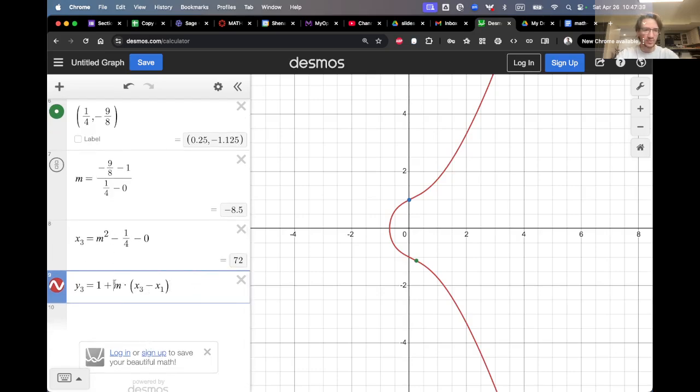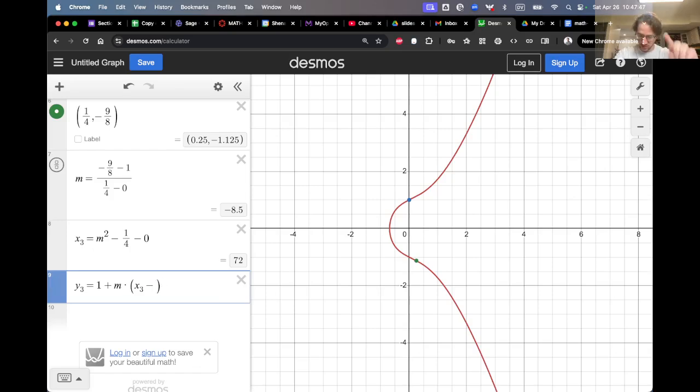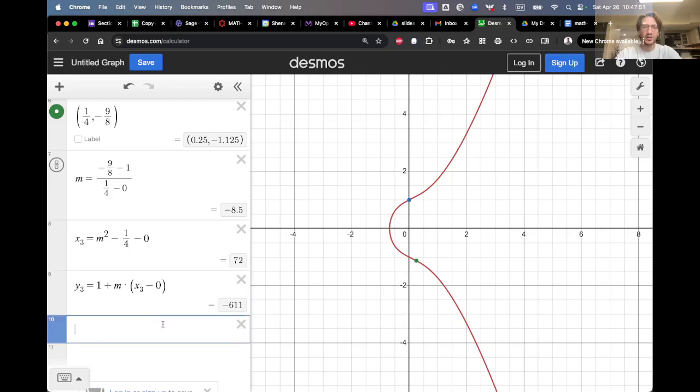Which gives me, why aren't you spitting that out, Desmos? Oh, because I don't have a y1, sorry. Minus x1, which is 0. That gives -611. So finally, to get the point P plus Q, we take the x3 coordinate, 72, and negate the y3 coordinate, 611.